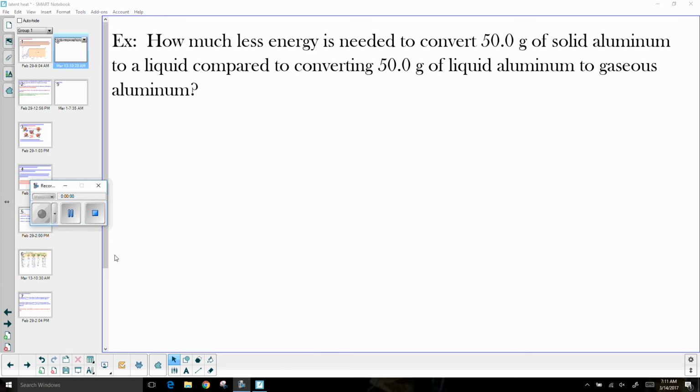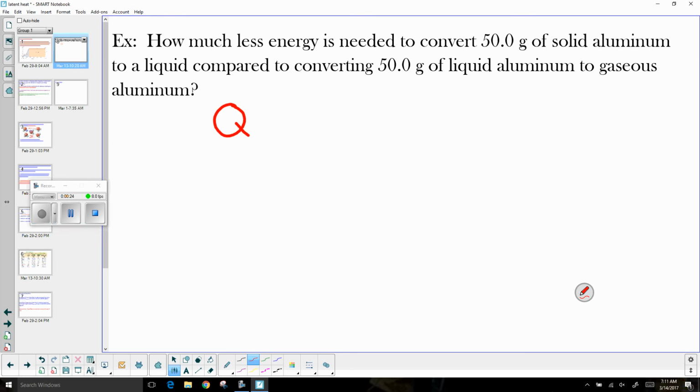Here's an example problem, just like the ones on page 319, numbers 1 through 5 you're going to be dealing with. How much less energy is needed to convert 50.0 grams of solid aluminum to a liquid compared to converting 50.0 grams of liquid aluminum to gaseous aluminum? I'm going to use the latent heat equation 2 times.